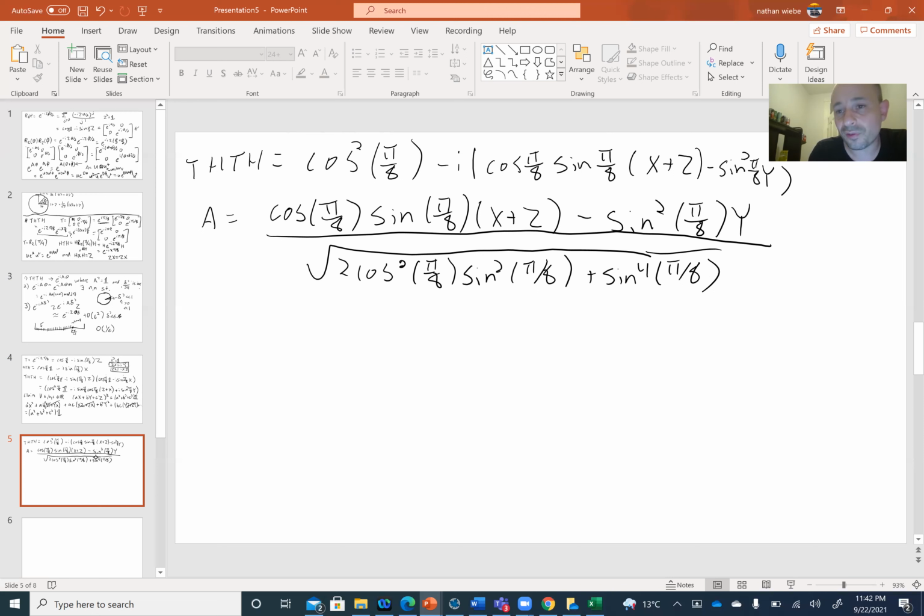And this, from our previous claim that we just showed, satisfies that A squared is equal to identity.